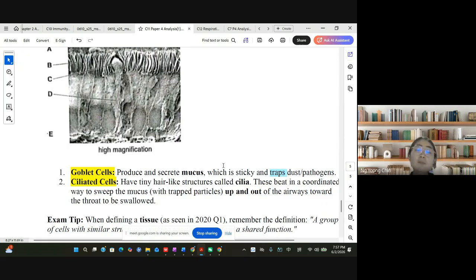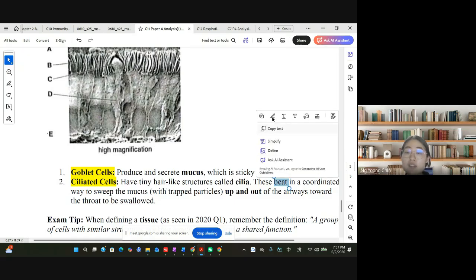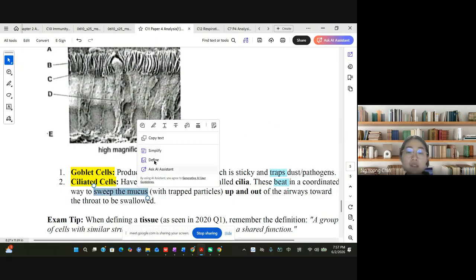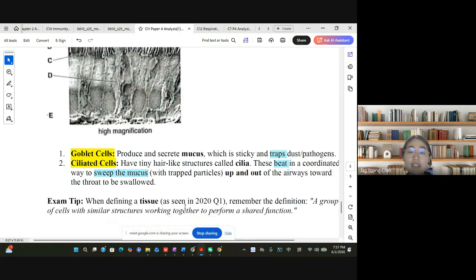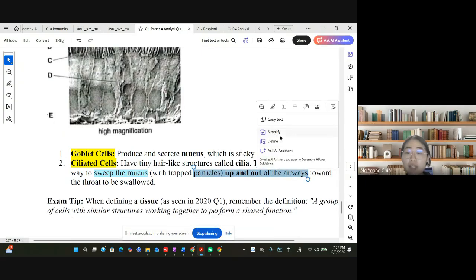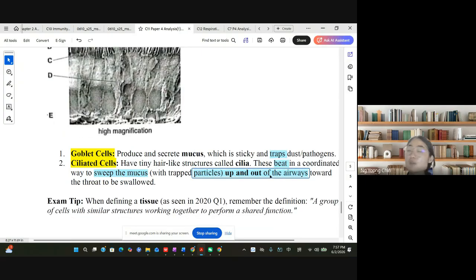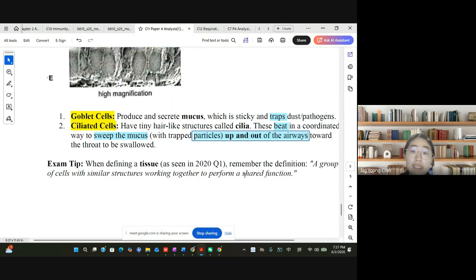So that's why they can help to sweep the mucus, with the trapped particles, up and down the airway, toward the throat to be swallowed. The keywords are trap, beat, sweep the mucus.